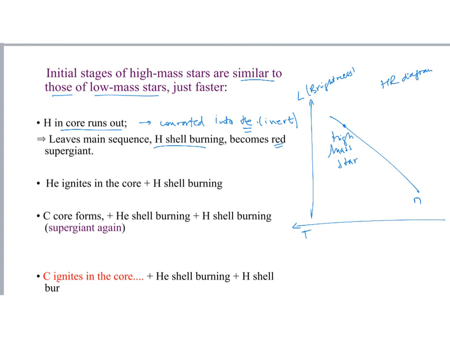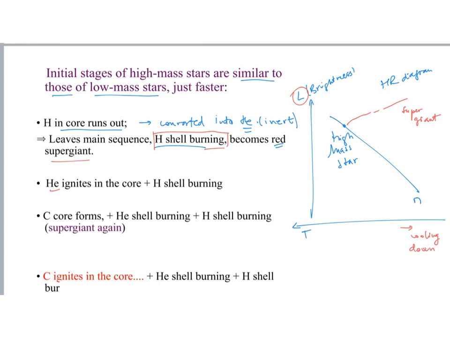Now it's going to become a red giant because of that shell of hydrogen burning. Okay, so it's going to move and become a supergiant. Move in terms of increasing luminosity and actually cooling down.